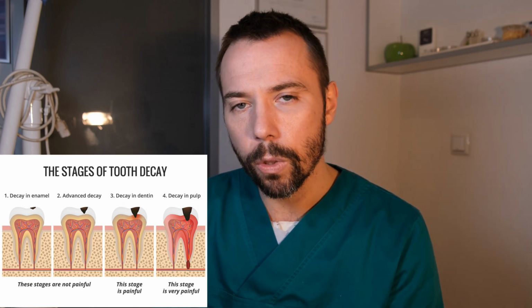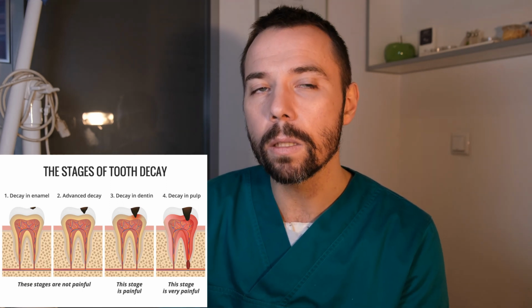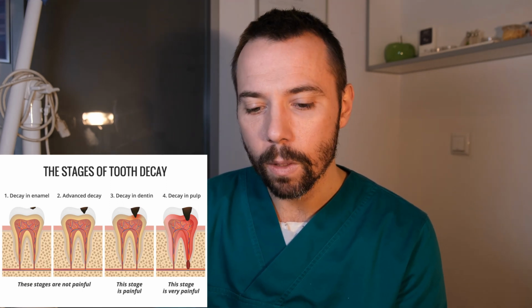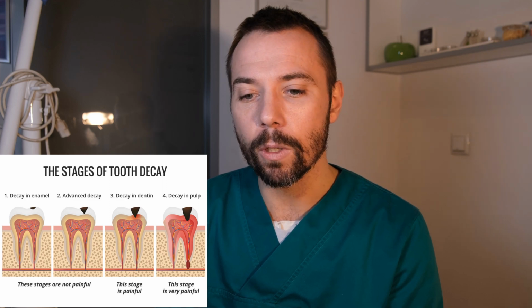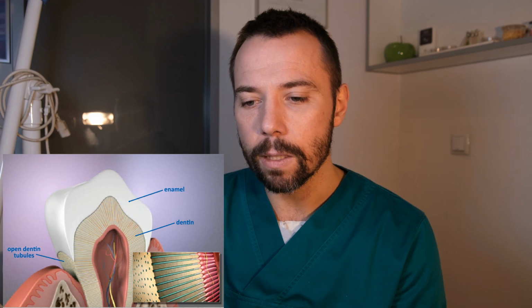why does the tooth hurt when cavities form, and why does the tooth hurt when you drill? Well, when you look under the microscope, you can see that your enamel has no nerve endings, so the enamel does not hurt. But the dentin itself is like a well-organized sponge, let's say.